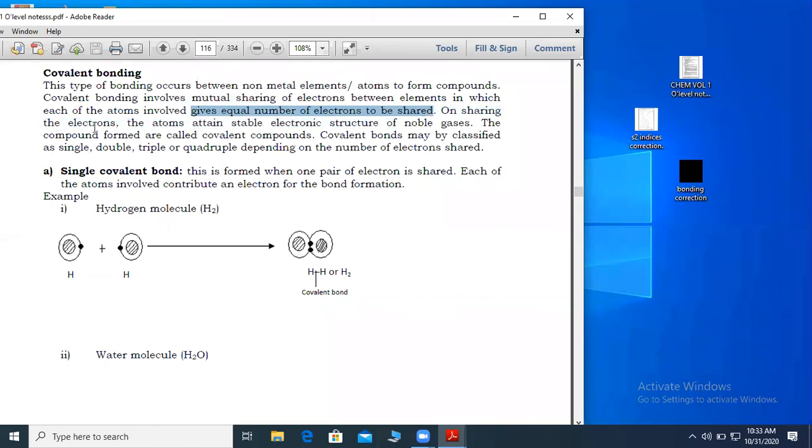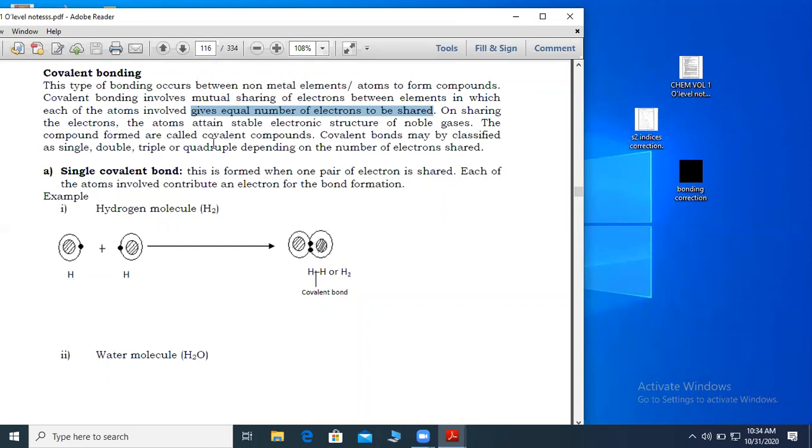On sharing the electrons, the atoms attain the stable electronic configuration or electronic structure of a noble gas. After sharing electrons, if you count the number of electrons of each atom, it should be the maximum, the number of electrons in the outermost energy level of an inert gas.